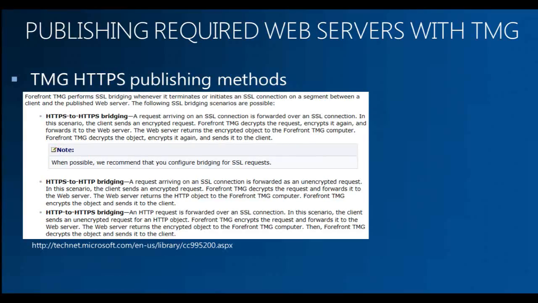Then it re-encrypts using TMG's own certificate. The main problem lies there, because in that case those enrollment point servers think that all the client connections are coming from the same device, meaning TMG.